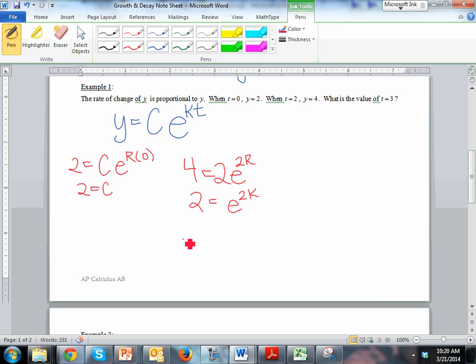So we have the natural log of 2 equals 2k. Okay. Now, most of these problems are going to occur in the calculator section of the multiple choice portion. Okay? So you can either leave k as this. If you approximate it to a decimal, you're going to want a good 6 or 7 decimal places. Okay?